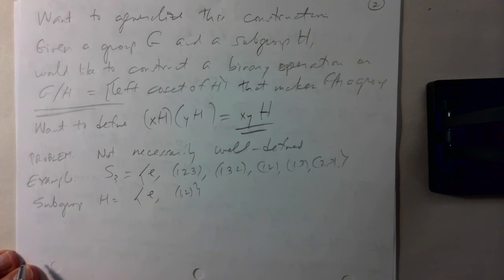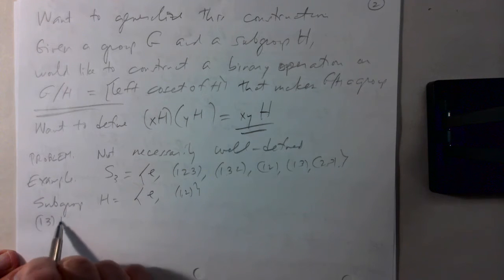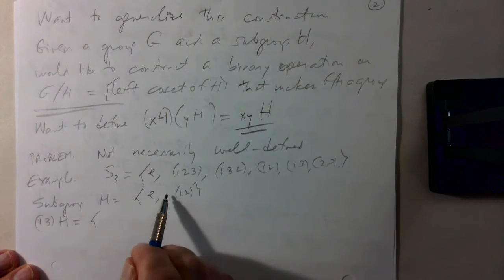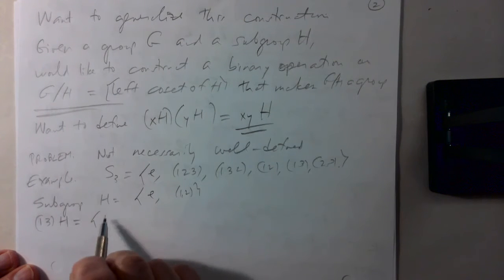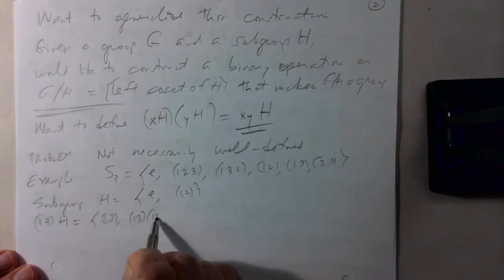Let's look at some left cosets. We have the left coset (1 3)H. That consists of the elements where we multiply everything in H on the left by (1 3): (1 3), and (1 3) times (1 2).